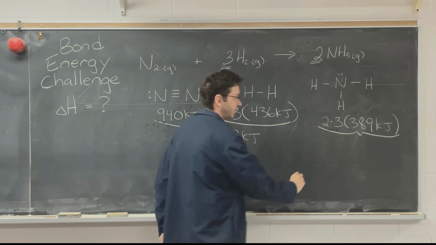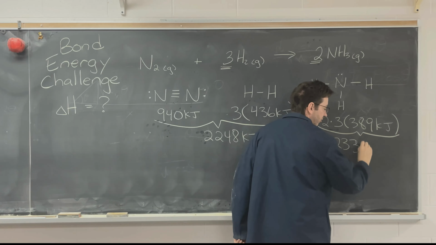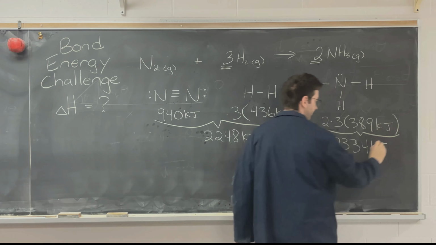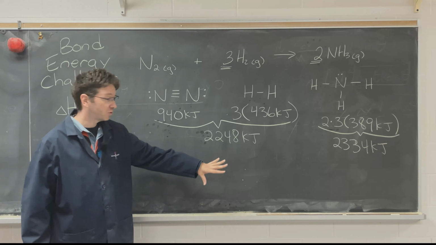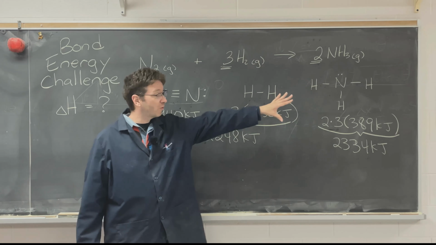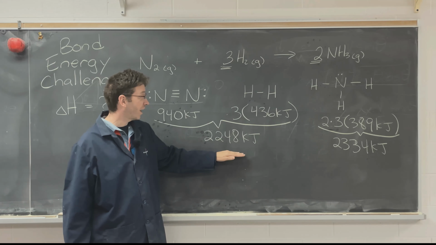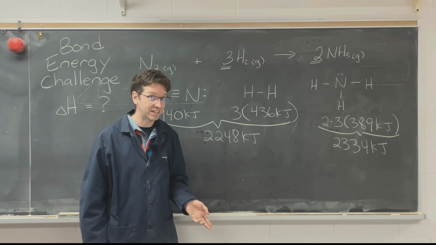And so that will be 2,334 kilojoules. So already you can see, if you compare these 2 numbers, we have more energy released when forming those bonds than is required to break these bonds. So this is going to be an exothermic reaction.